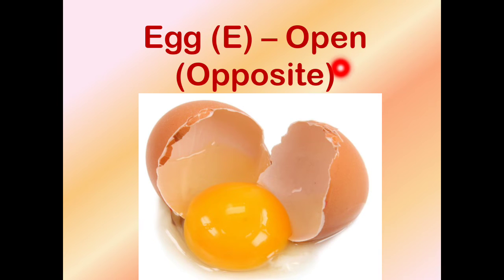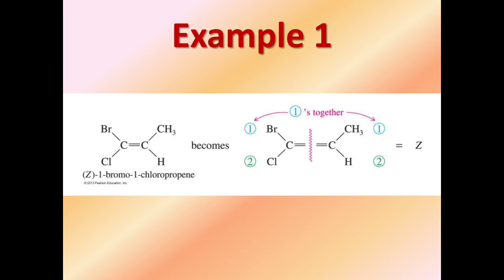So egg open, E opposite. In this way you can remember, and accordingly the Z nomenclature will be Z, that is higher priority groups on the same side. Now let us understand this EZ nomenclature in a much better manner with this example.